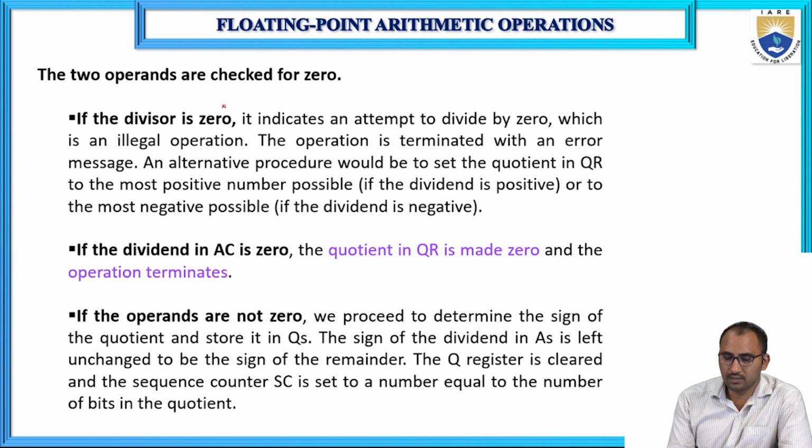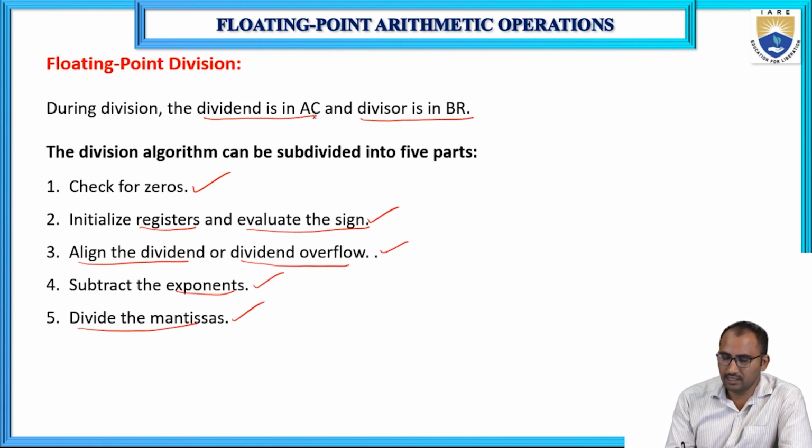So the two operands are checked for zeros. We have to check the operands first. The dividend is in AC and the divisor is in BR.